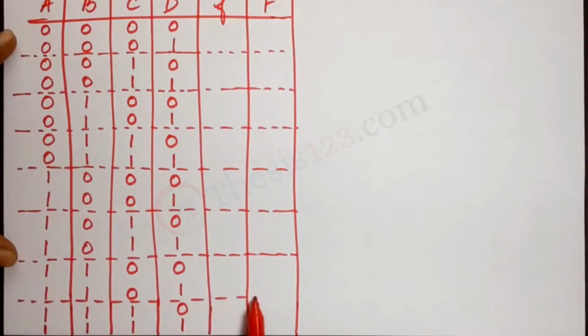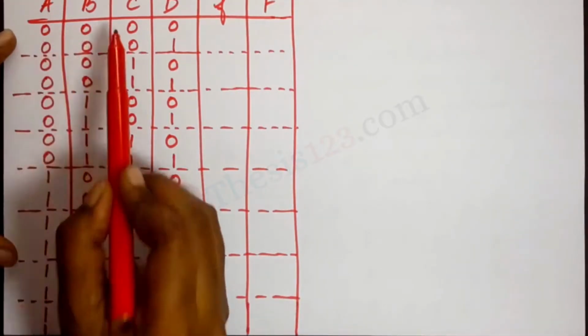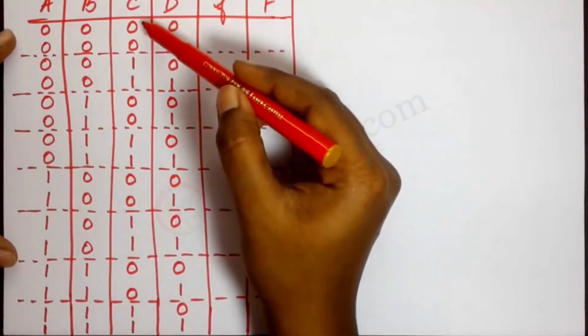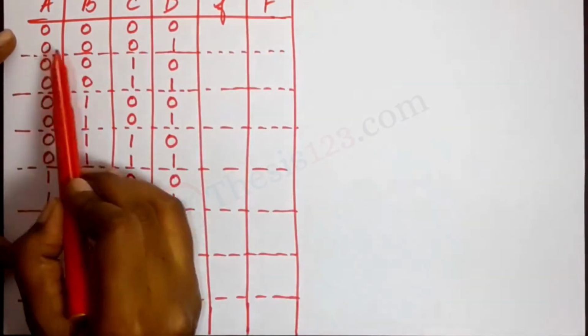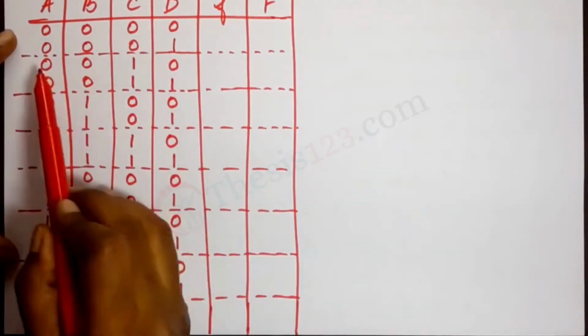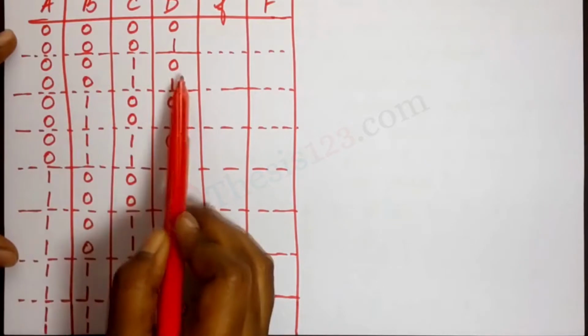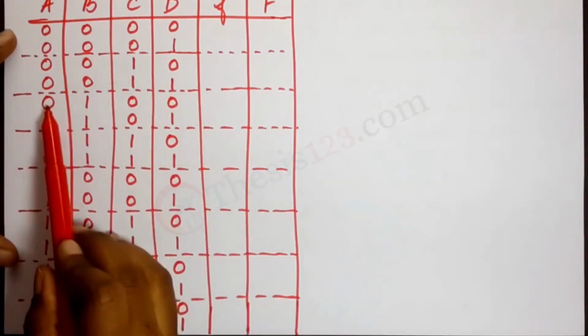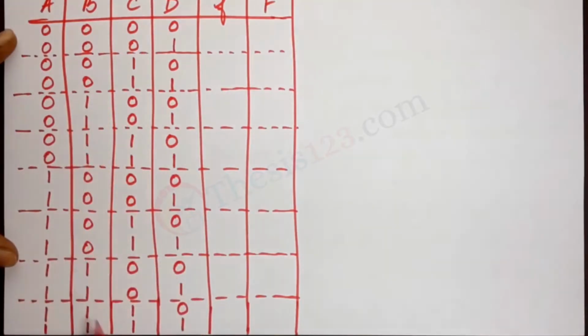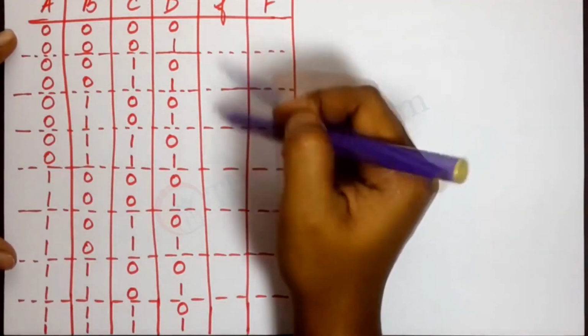D is left out. So that means that A, B, C are supposed to be the same. Now you will notice that for the first two, A, B, C is the same, only D changes. For the next two, again A, B, C is the same, D changes. For the next as well, A, B, C are the same. So that is why I have paired them up in 2s. Okay? So now, let's fill up the part of f.